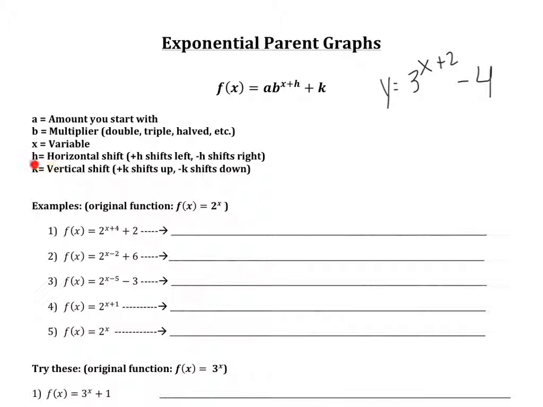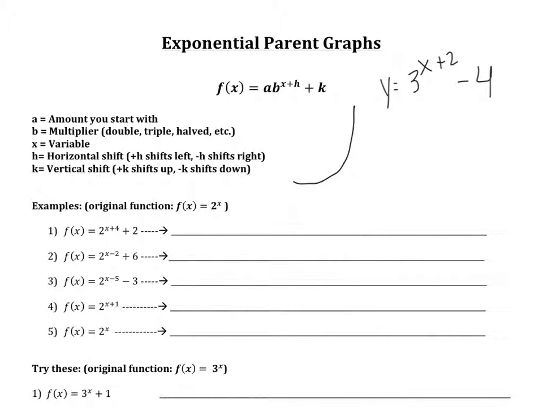Okay, h is a horizontal shift, which means h will either shift it left or shift it right. I know this is going to seem confusing and backwards in a way, but if you have a positive h, it actually will shift the exponential to the left. So a typical exponential looks like this.